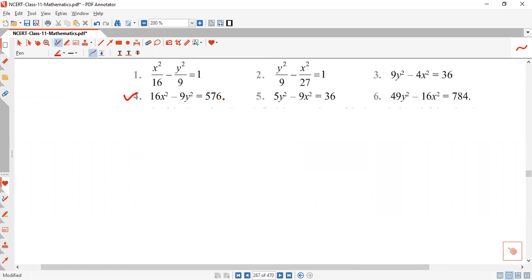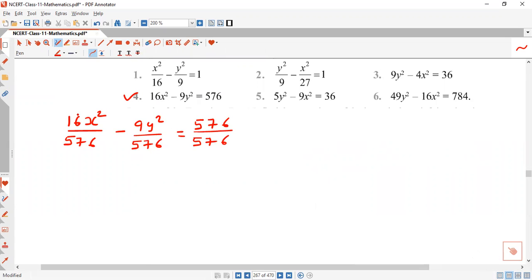Divide the whole equation by 576. So we are getting here, 576 divided, minus 9y square upon 576 equal to 576 divided by 576. The whole equation is divided by 576.